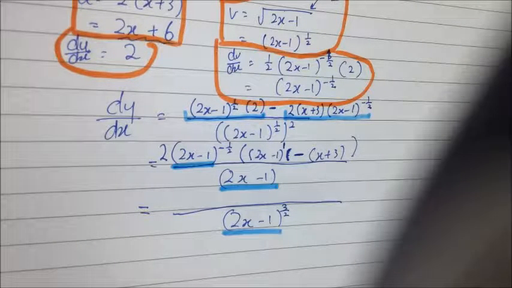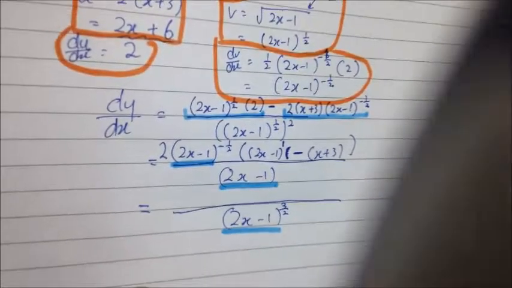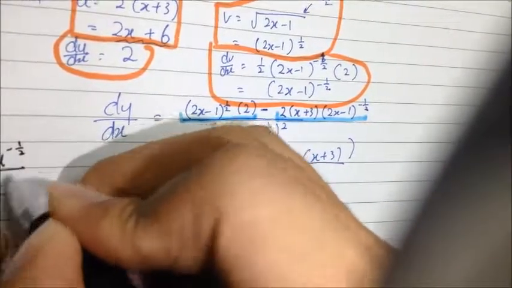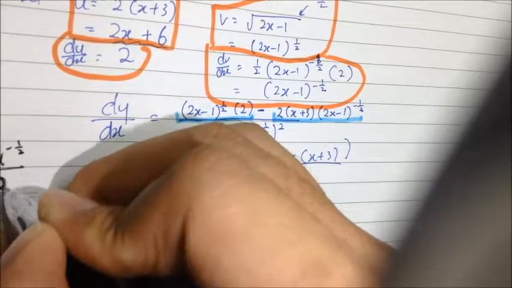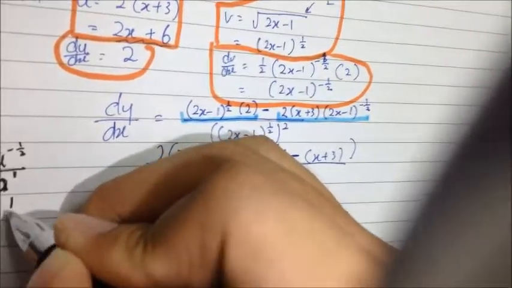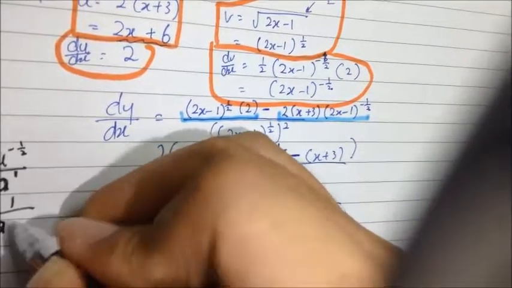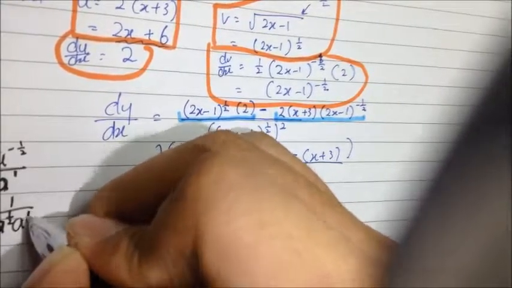Okay, why do I even want to bring the minus half down? Because this is like a minus half over a. How do I simplify this? It's the same as a half, a1.